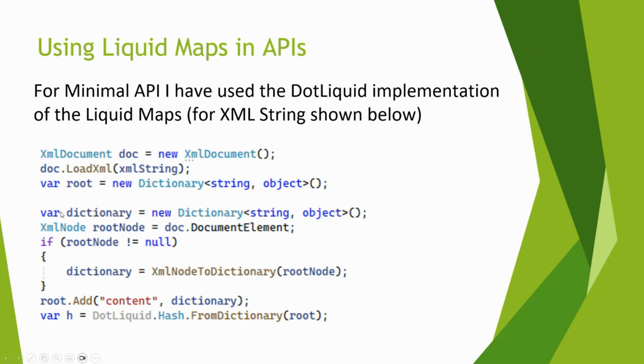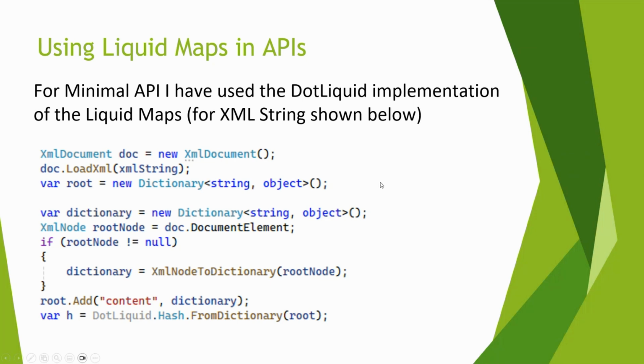Create a dictionary, move through that dictionary, create a hash for the liquid, and then apply the same rendering to that. So basically that first example was anything that you can create into a JSON object, and this one is an XML object coming in.